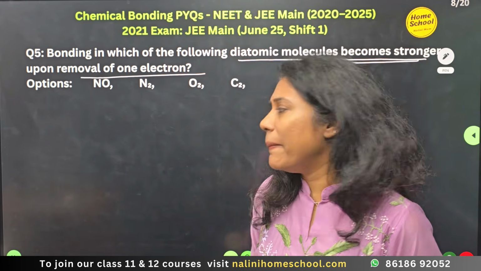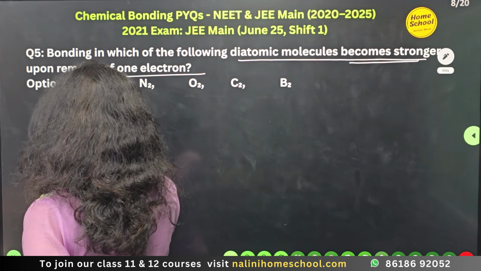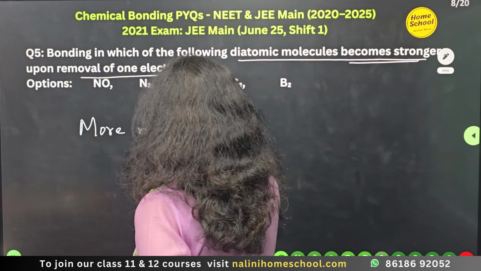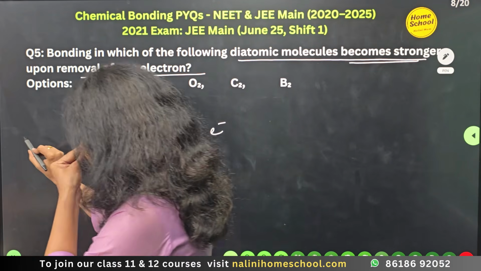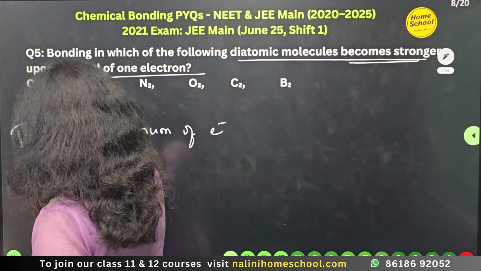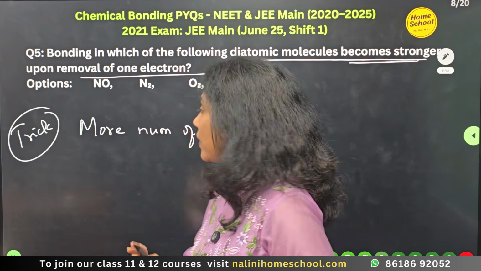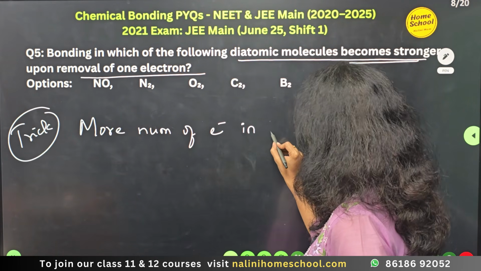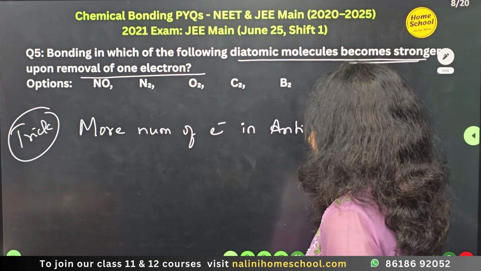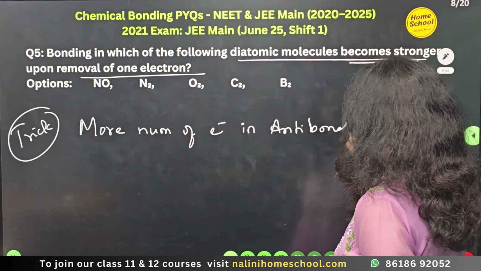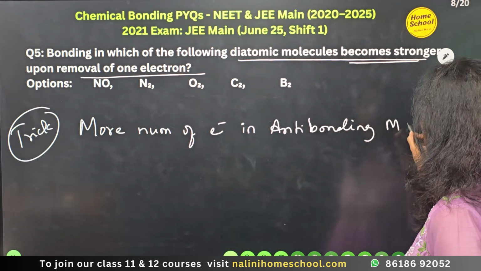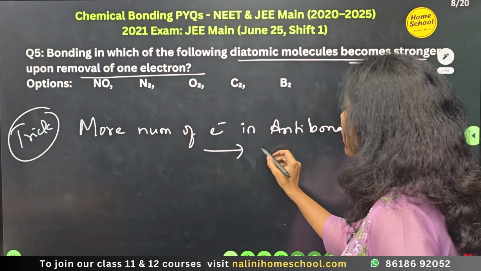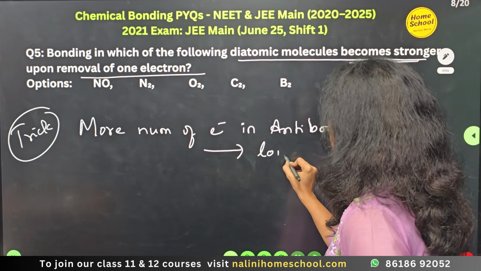Always remember, guys, this is a trick that I would like to tell you all. Very important to understand. When you have more number of electrons in anti-bonding molecular orbitals, then you would have low bond order.